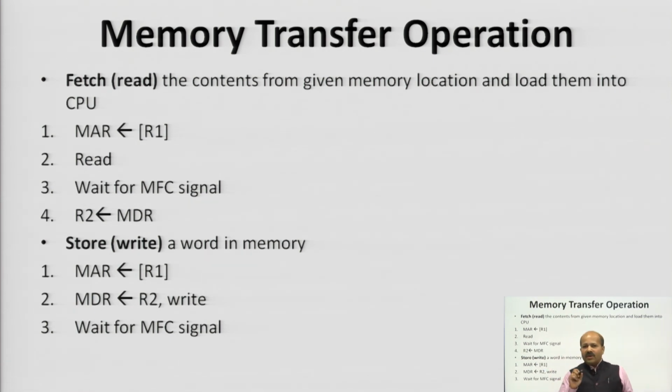So, let us see, suppose the address of the memory location is given in the R1 register. So, R1 is having some address value, that is why it is shown in brackets; the brackets show it is an address. So, how will this operation be performed? We have to provide the address of a particular memory location. That address will be transferred to MAR.